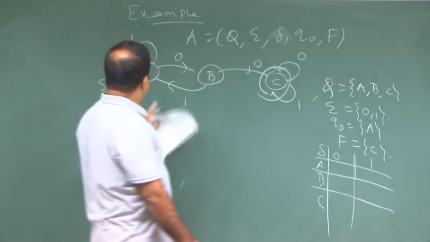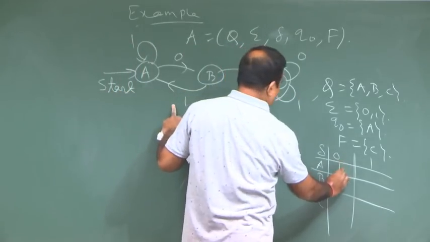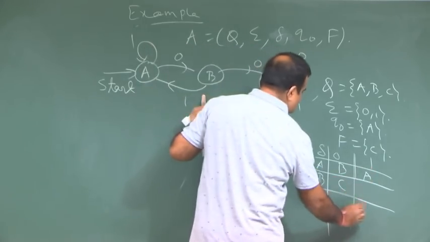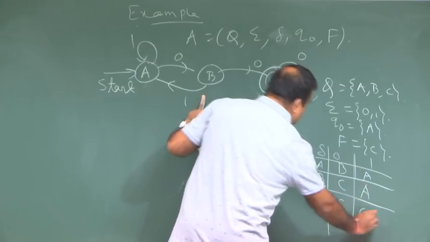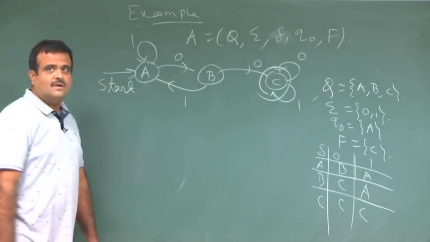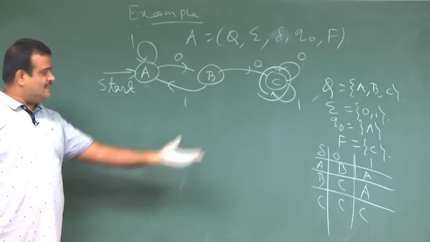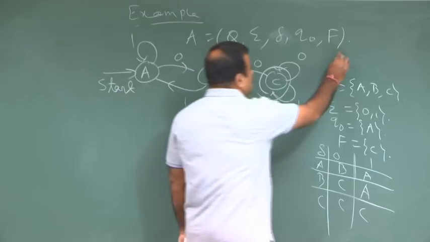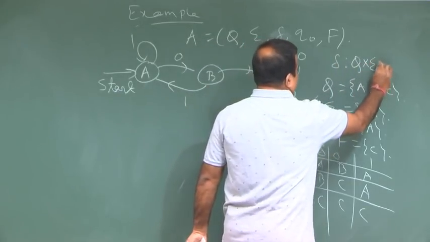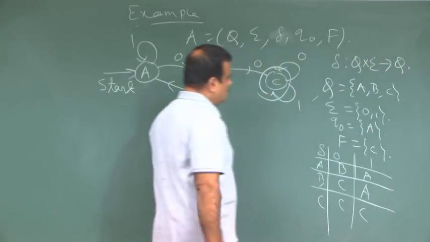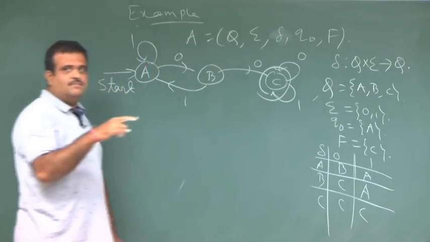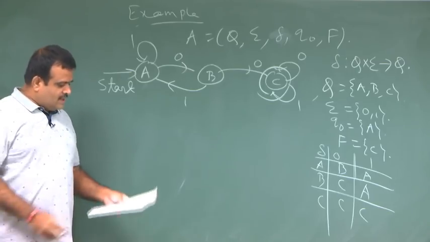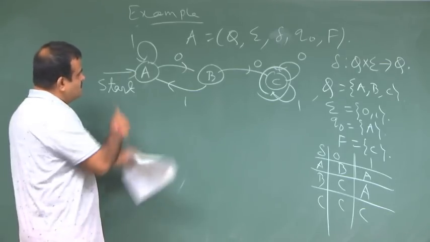From A, on 0 we see B, and from B, if we see 0 we go to C, otherwise we go back to A. This is the DFA, and that is the transition function, a function from Q cross sigma to Q. We are at some state, we see the input, and depending on that rule we go to another state.